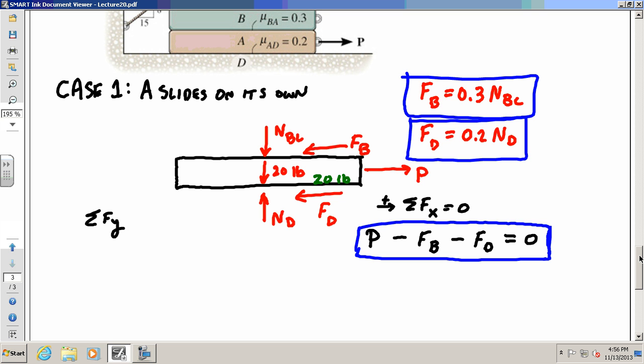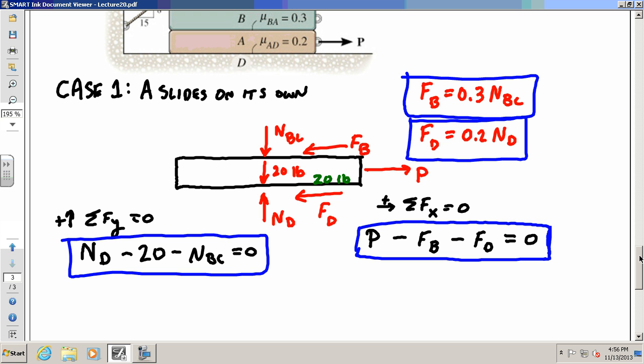Sum of forces in the y direction equals 0, up being positive. What's in the y? ND is up, right? What's down? The 20 and the NBC. So it's minus 20 minus NBC equals 0, with ND up. Now I've got 4 equations. Can I solve this? How many unknowns do I have?